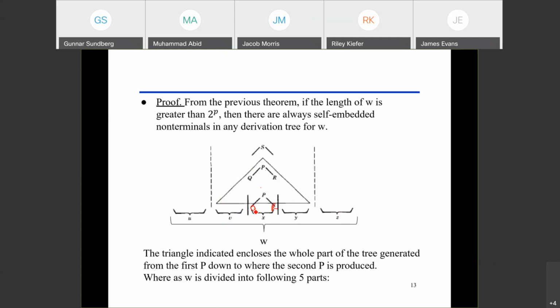You replace this Q with terminal, you replace this R with terminal, and this will be your X. Okay, now you are generating some words here which are not part of the outside tree, but only after the top descendant. So all these letters will be V and this will be Y. And above this tree, all letters you generate here will be Z and U. So this is the way you can divide your word into 5 parts.